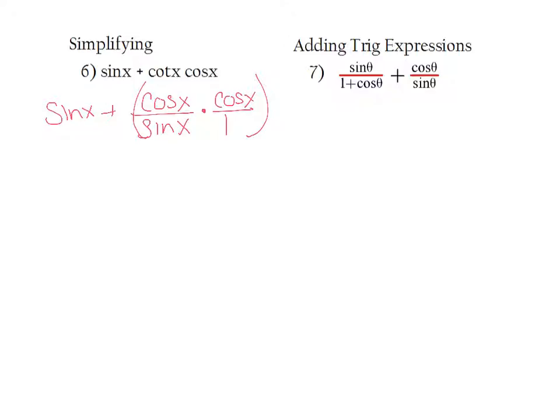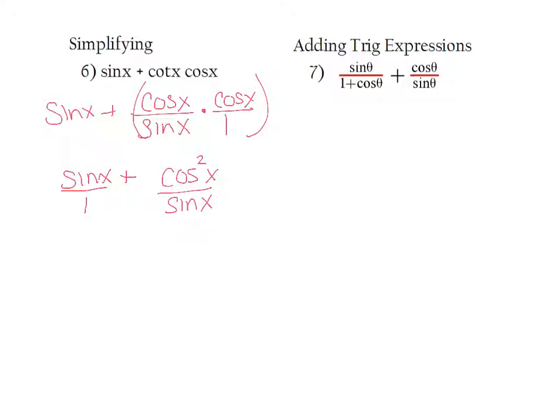Now let's look at what happens. You have a sine x plus cosine squared x over sine x. Now, this kind of leads us into what we're going to be doing up here, where we have these fractions, and we're going to try to combine those fractions. Well, to add them together, and so right now this is over 1, to add them I need to get a common denominator.